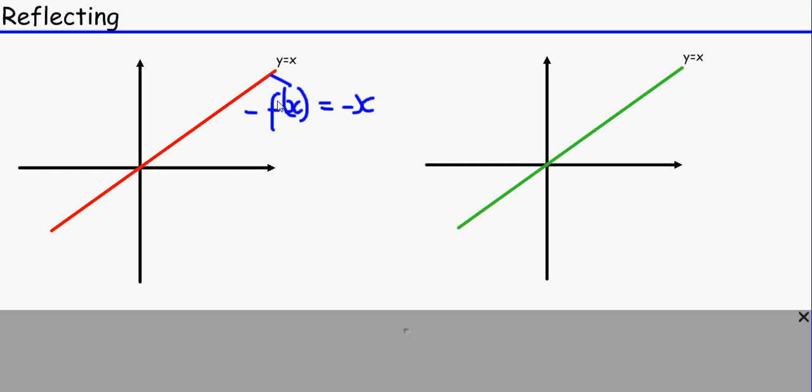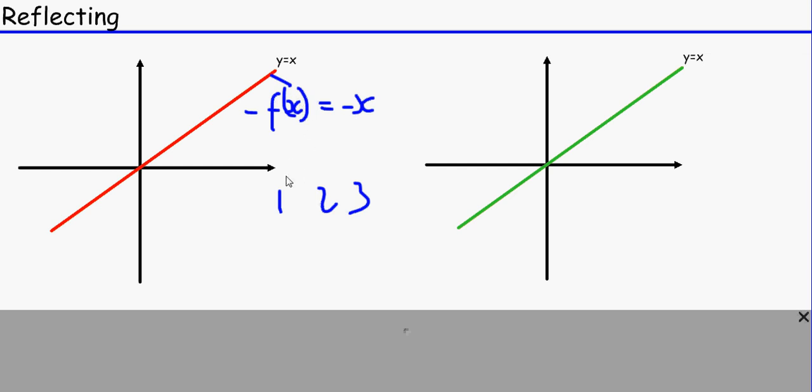So if you wanted to plot it, it would actually look like that. We would just pick random numbers like in GCSE, 1, 2, 3, and we would substitute x for 1, x for 2, and x for 3.